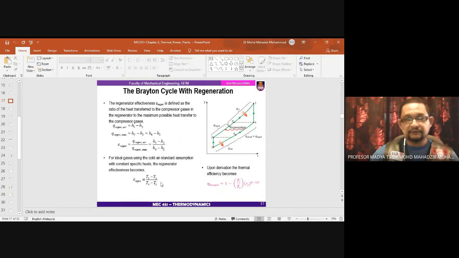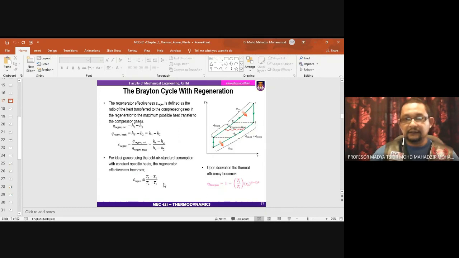How about Cp? Cp can be neglected, or cancelled, because the upper Cp is equal to the lower Cp. So you can eliminate this Cp value.